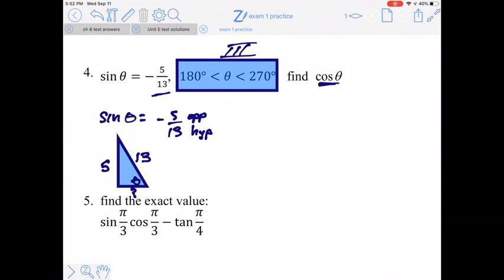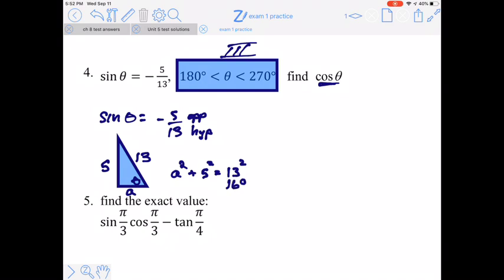So, Pythagorean Theorem, right? Rather than a question mark, let's make an actual mathematical symbol. Let's call it A again. I'm going to find A. So A squared plus 5 squared equals 13 squared.